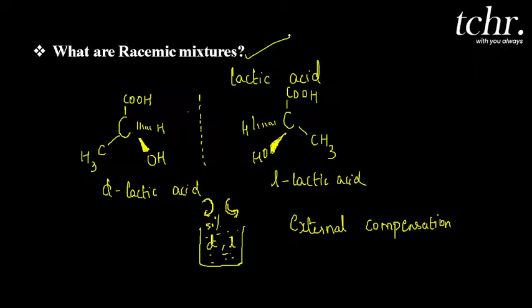So when they ask you what is a racemic mixture, you have to give the explanation. Both D and L forms, when taken in equal amount or as an equimolar mixture, lead to the formation of a racemic mixture. And one more important point you have to remember here, students: racemic mixtures are optically inactive.